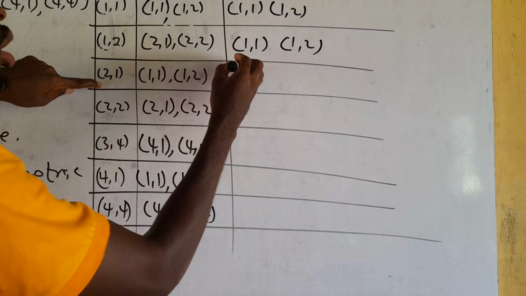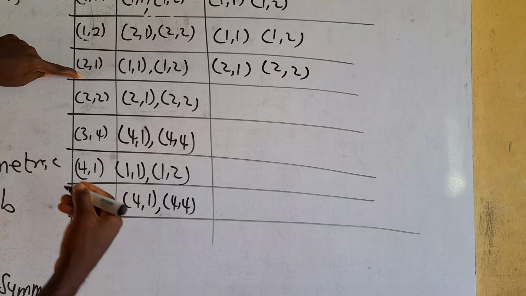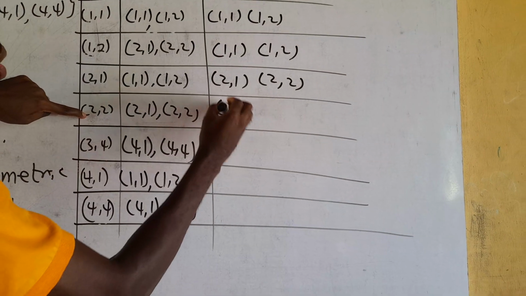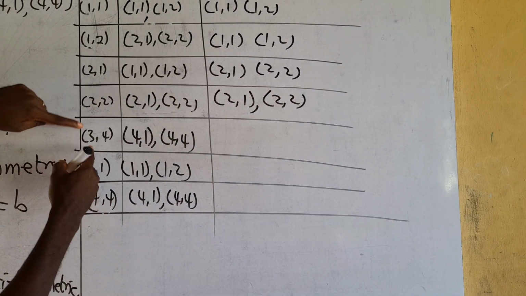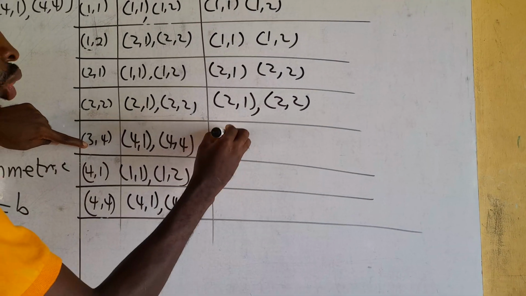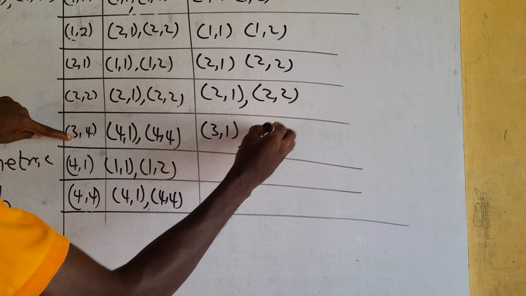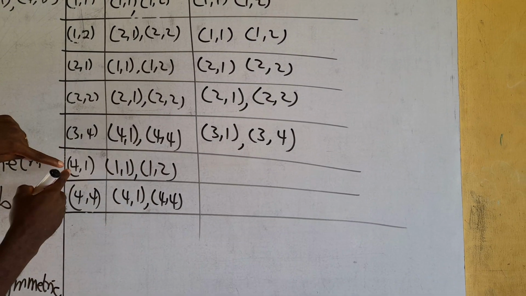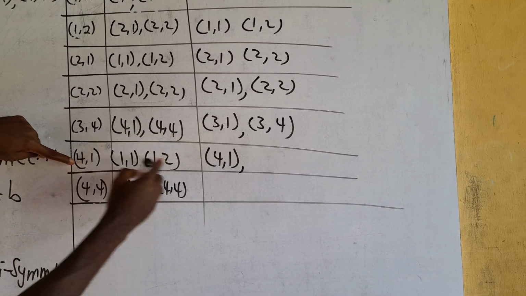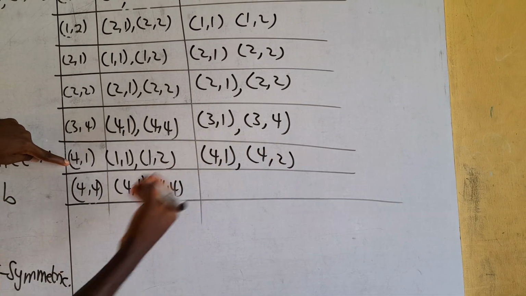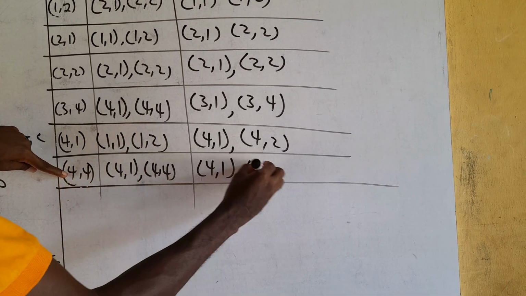Here I'll have (2, 1) and (2, 2), then (2, 1) and (2, 2) again. Then for (3, 4), I'll have (3, 1) and (3, 4). Then for (4, 1), I'll have (4, 1) and (4, 2). Then for (4, 4), I'll have (4, 1) again, then (4, 4).